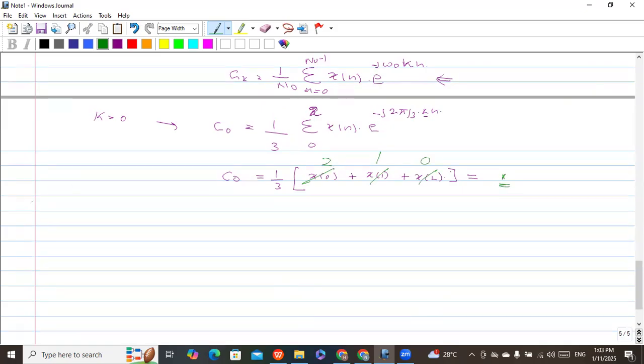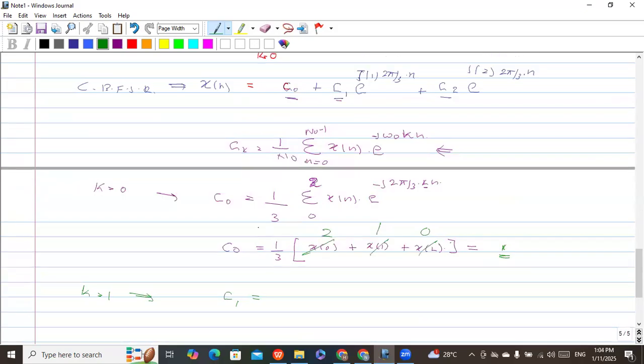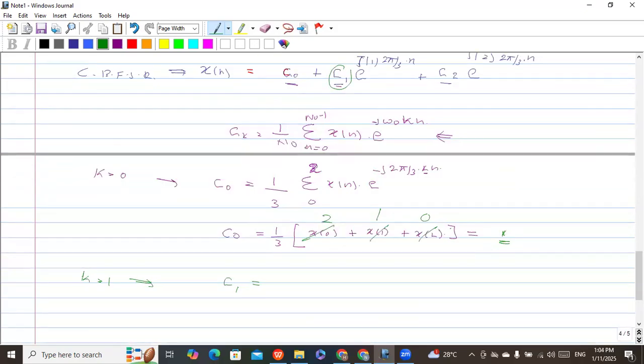In the same manner, when k is 1, you can find the C1 coefficients using the same identity.